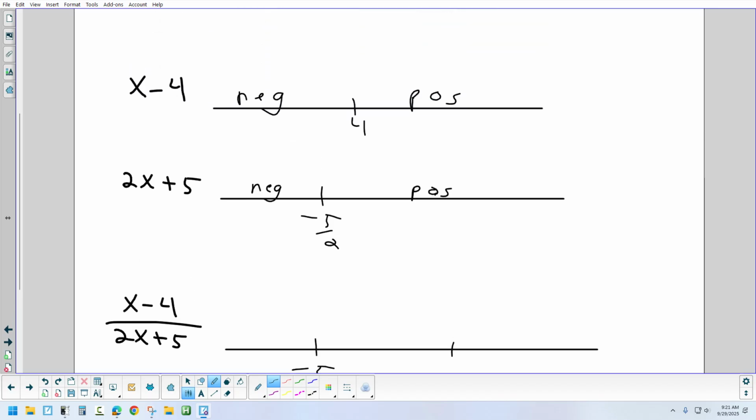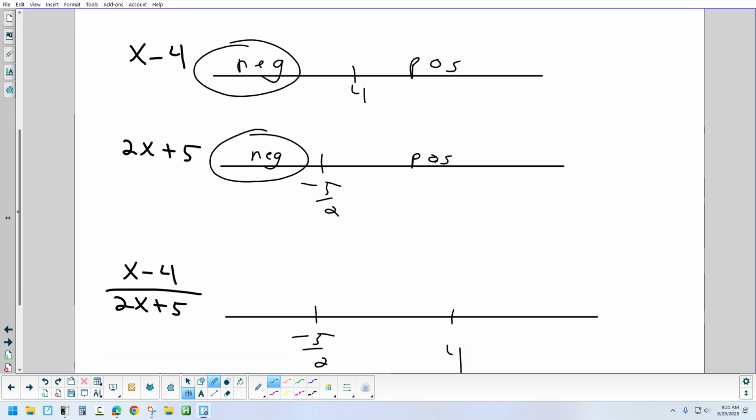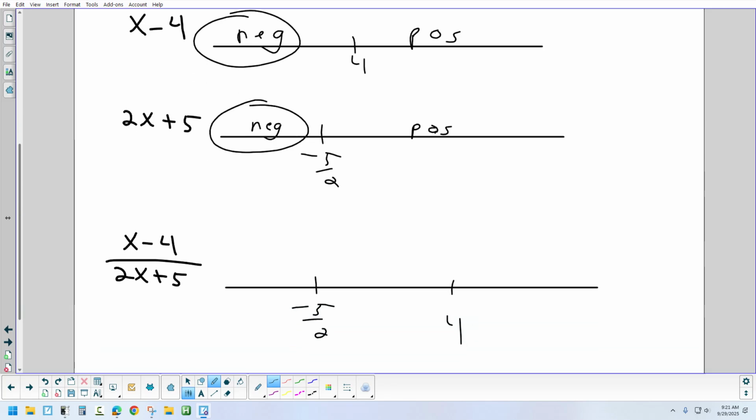If you pick a result that's below negative 5 halves, you're going to be in the negative section on this one and the negative section on this one. And when you divide negative by a negative, that gives you what kind of number? Ethan? Negative. No, positive. How about if I pick a number between negative 5 halves and 4, and I fill it in right here?